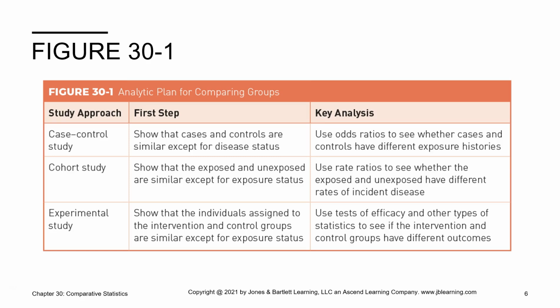So what you want to do is run some sort of comparisons, and you want the results not to be statistically significant from each other. And so you can use an odds ratio to see whether cases and controls have different exposure histories. And so you can go over the cohort and experimental study on your own time.